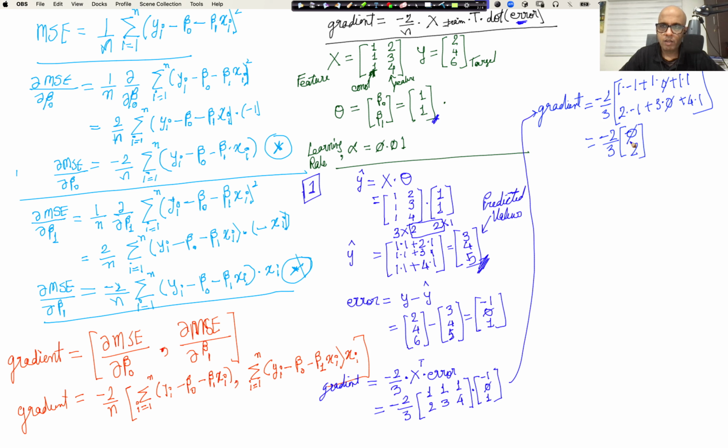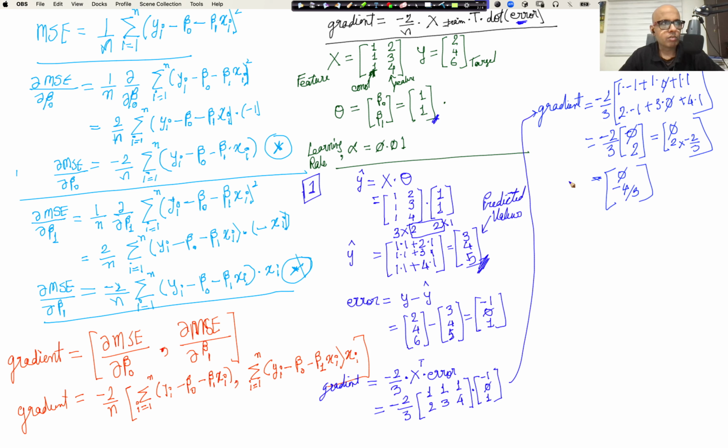If we multiply these in the final output, we get 0, and in the second term, 2 multiplied by minus 2 by 3, which gives us minus 4 by 3.